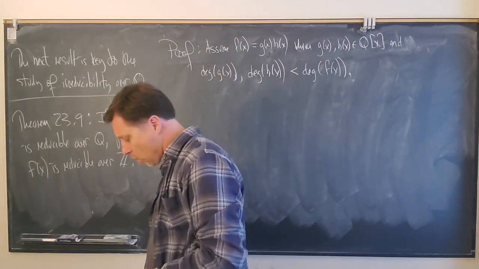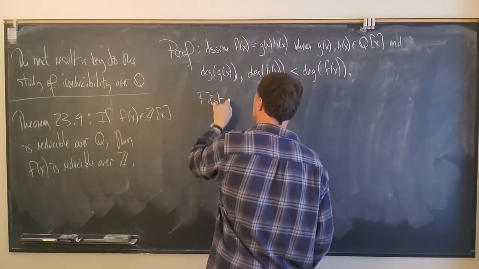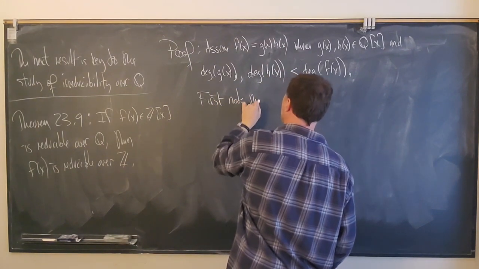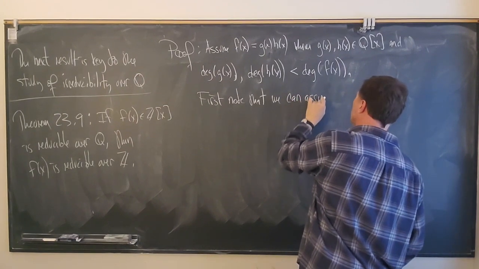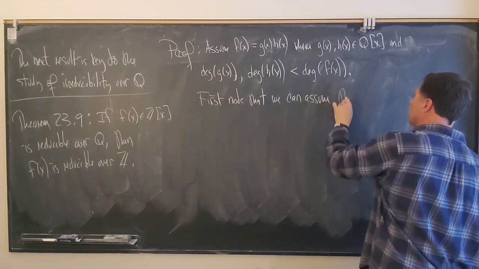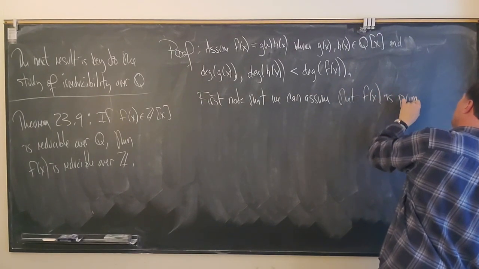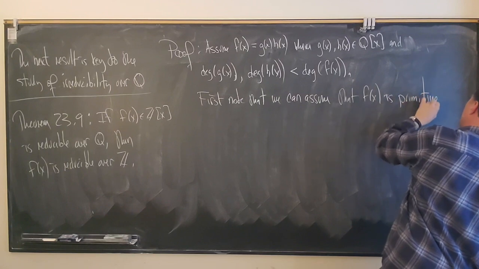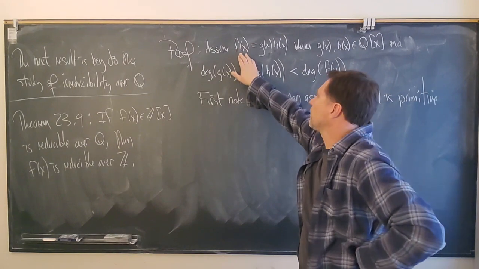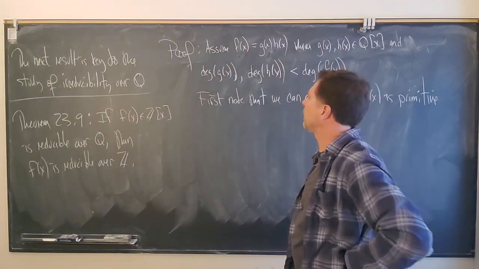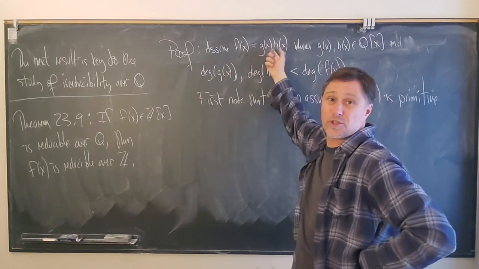Now, one thing we can note is that we can assume that f of x is primitive. And here's the reason. Let's say that all the coefficients of f of x were divisible by 2, for example. Well, then you could divide both sides by 2. That's not going to screw anything else up because we're just using rational numbers on this side.